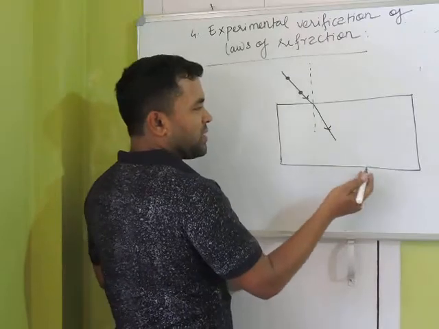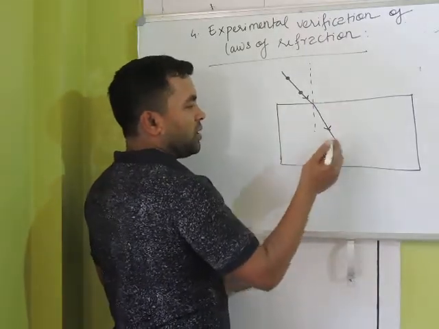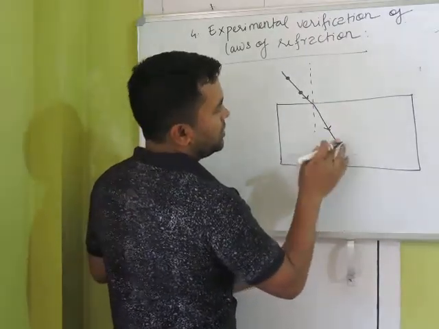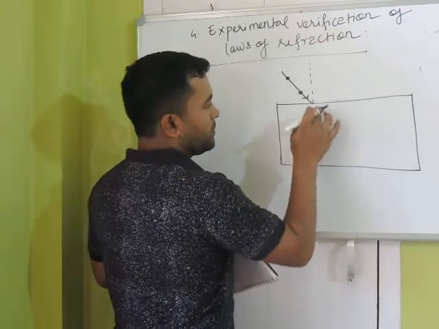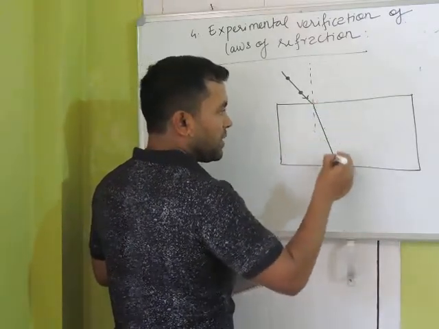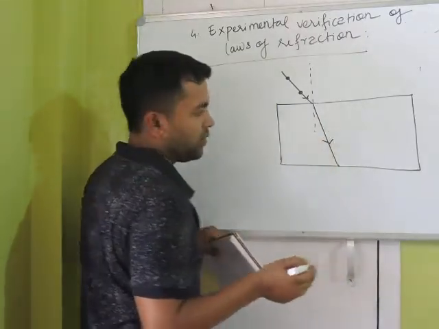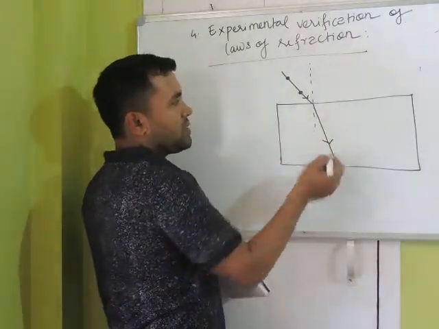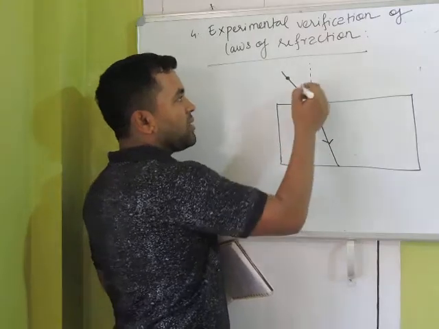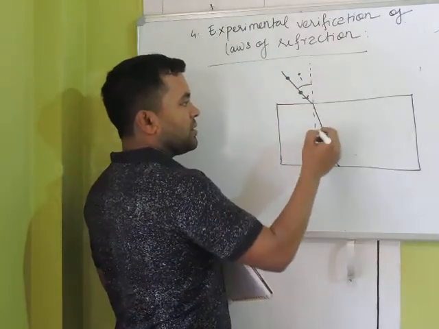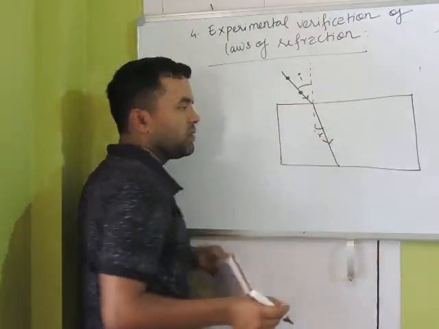As I told you, this experiment is there in your class, so you will do it later on. Now these are 2 pins. This is the angle of incidence, this is the angle of refraction.